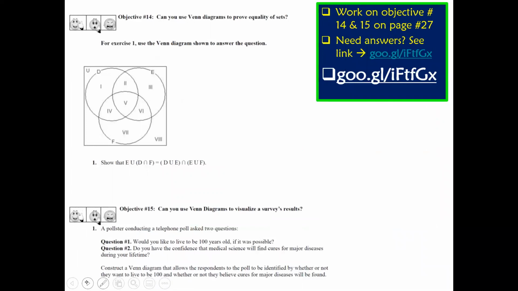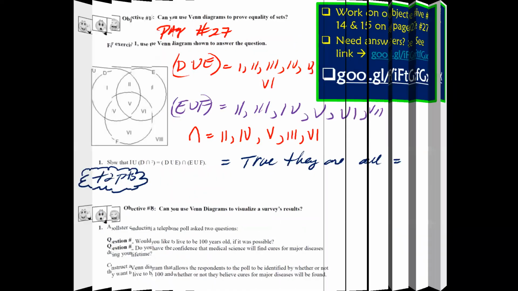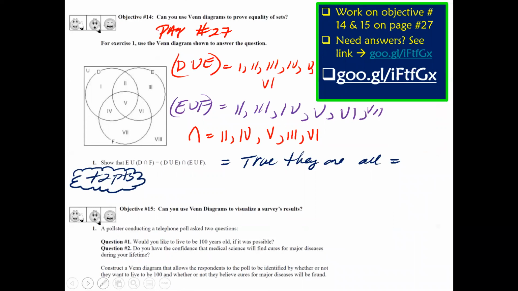Okay, and then moving on forward to objective number 14 and 15. And then here are your answers for number 14.